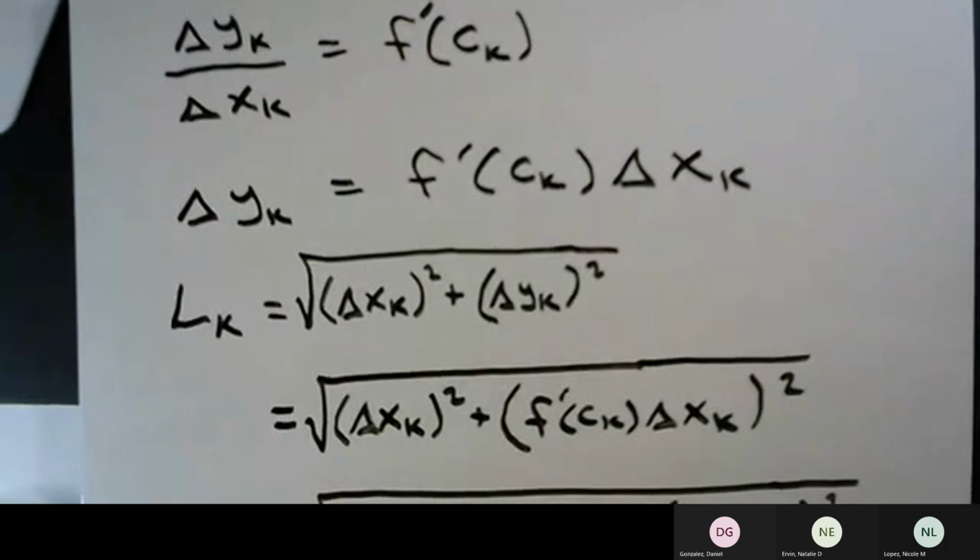So our length, which is our integral from a to b of the square root of 1 plus f prime squared, well, that's now going to become the integral from 1 to 4.